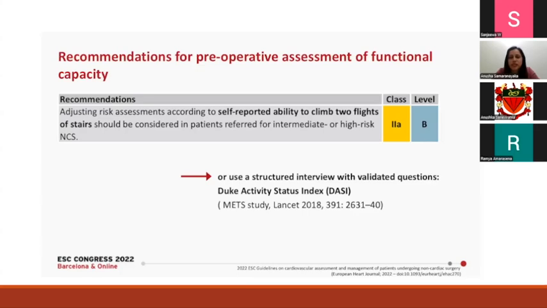If a patient can climb these 20 to 30 steps without stopping, without hesitation, that means the patient has a reasonable or good functional capacity, which we categorize according to the MET score as MET more than 4. So the ability to climb these 20 to 30 steps in one go is important, and they highlight it as a measure of assessment of functional capacity.